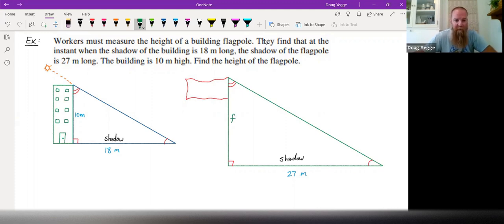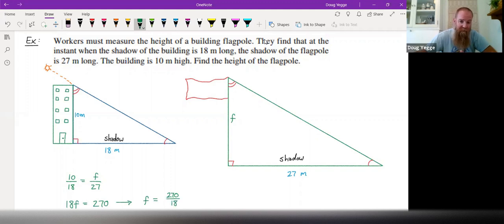So if we set up a proportion, we could see that 10 over 18 should equal F over 27, which implies that 18F is equal to 270, which means that F is equal to 270 over 18.